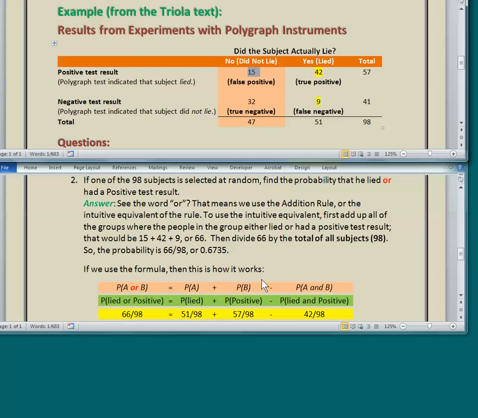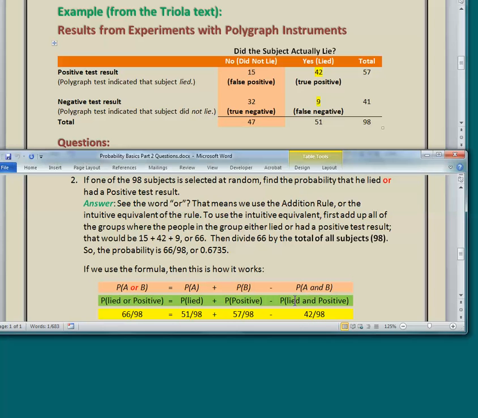So in other words, in this 57 and this 51, we have double counted these 42 here, and that's not going to work. So the way the formula works is we have to be sure to subtract out or back out anything we've double counted. Well, that's the situation where you've got A and B together. Somebody lied and tested positive, and that's what happened with these 42 people.